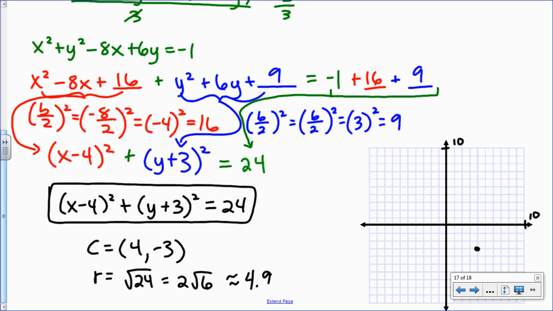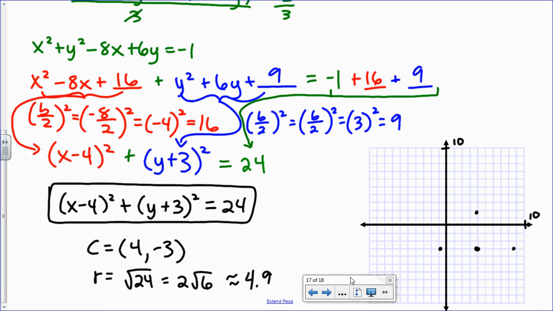And then my radius is almost 5, so I'm going to count horizontally and vertically 4.9 units. And sketch my circle.